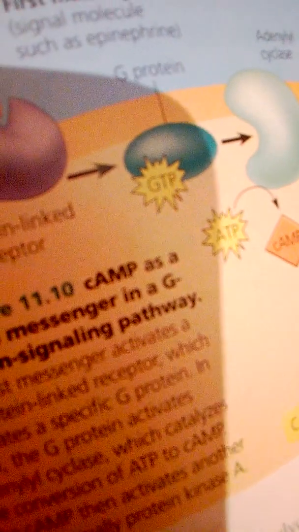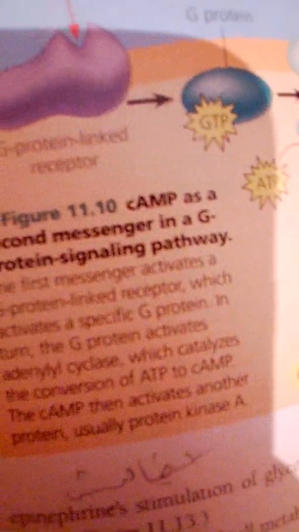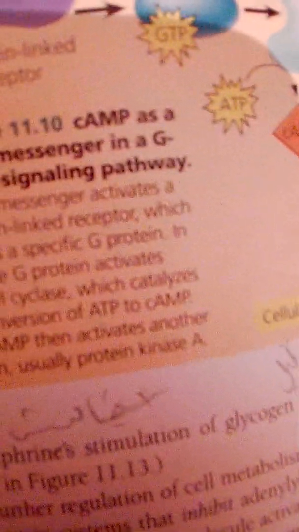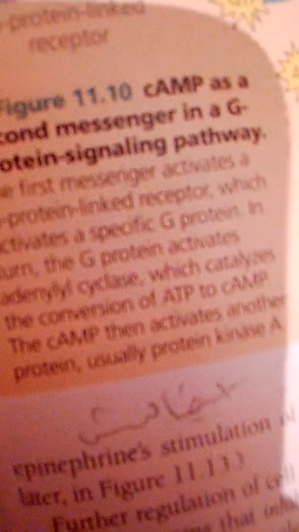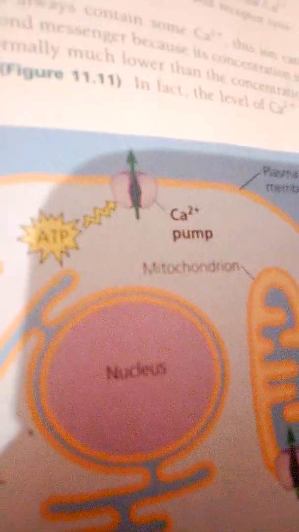The bacteria colonize the lining of the small intestine and produce a toxin. The cholera toxin is an enzyme that chemically modifies a G protein involved in regulating salt and water secretion.